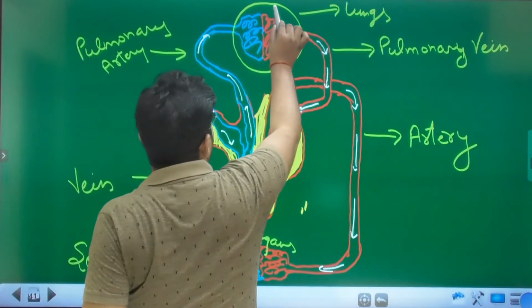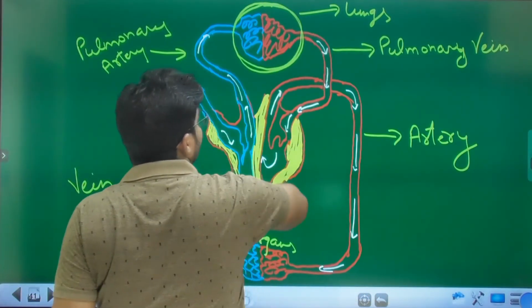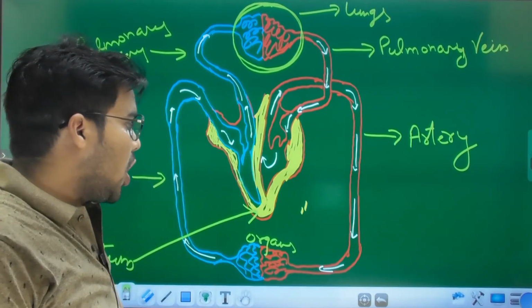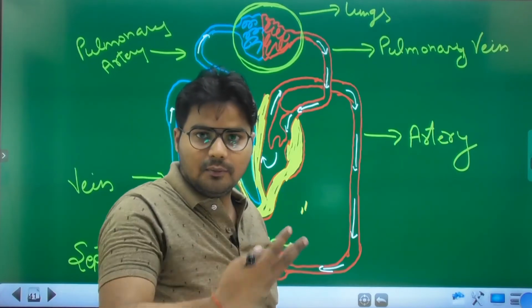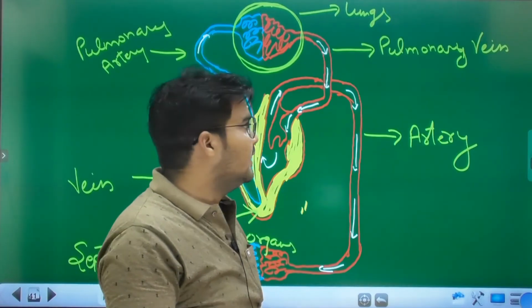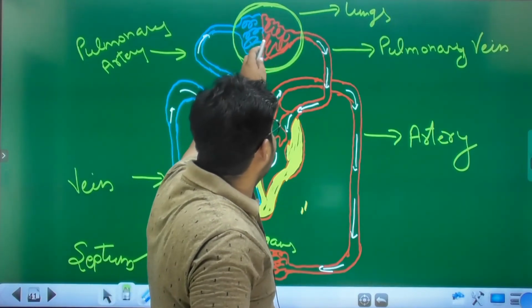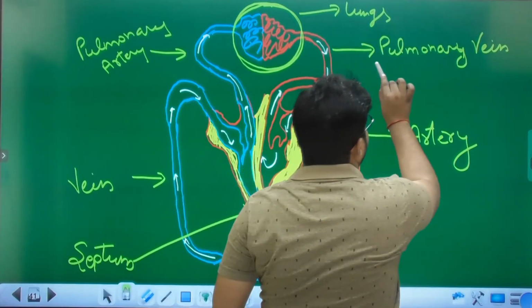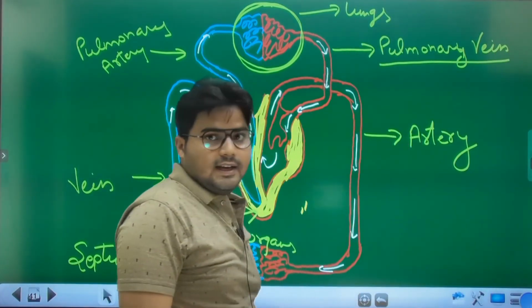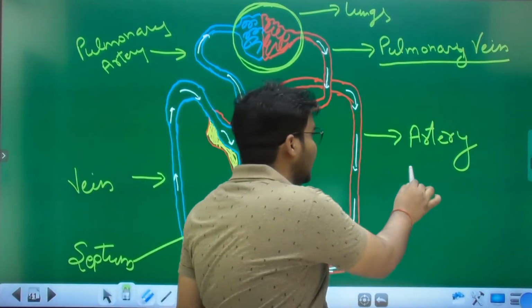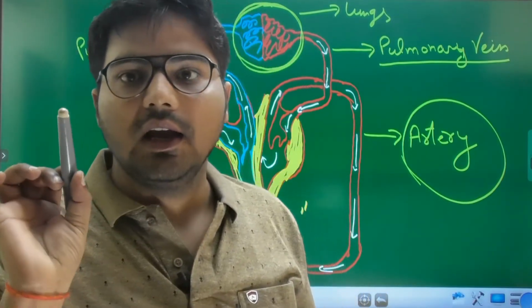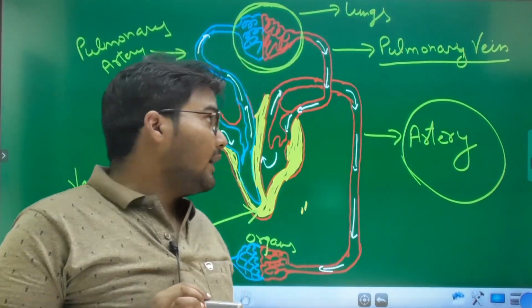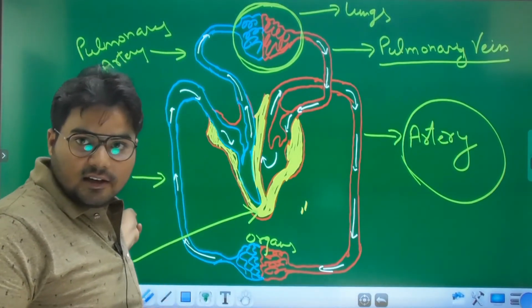So in lungs, the blood carries oxygenated blood. From the lungs, the oxygen mixed blood is called oxygenated blood, and it is carried by the pulmonary vein. Simply, I already told you that artery carries only oxygenated blood and vein carries deoxygenated blood.